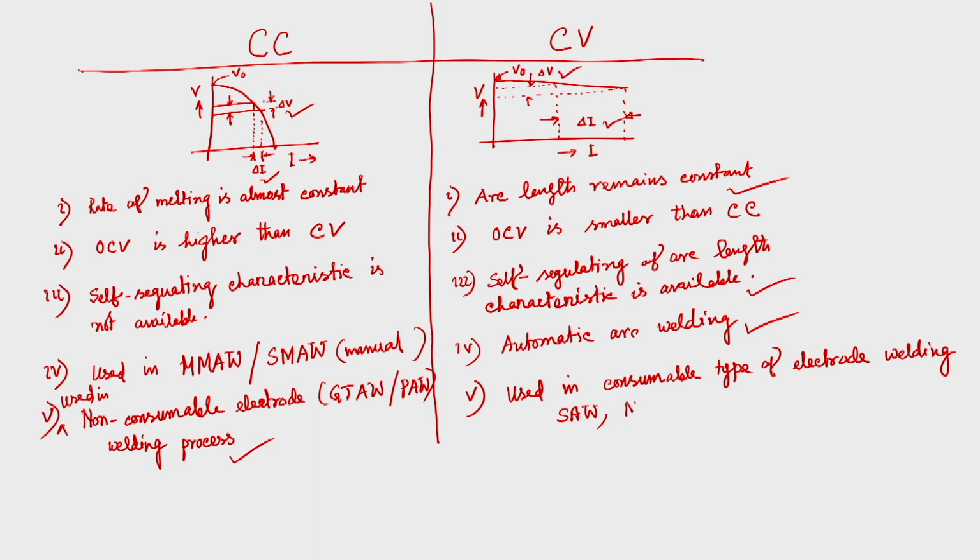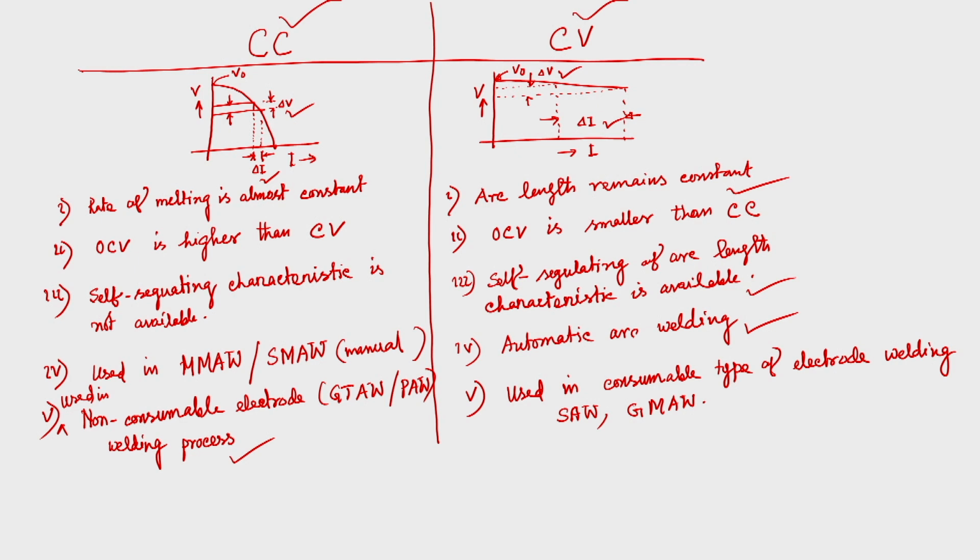Then GMAW, that means MIG welding, is also used. So this is a comparison, or the difference, between constant current and constant voltage power source characteristics.